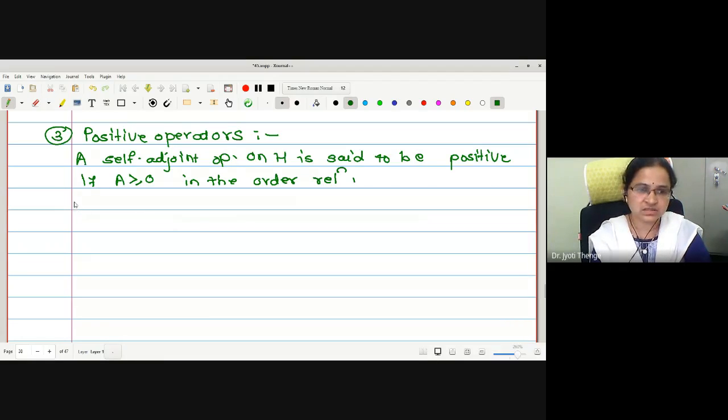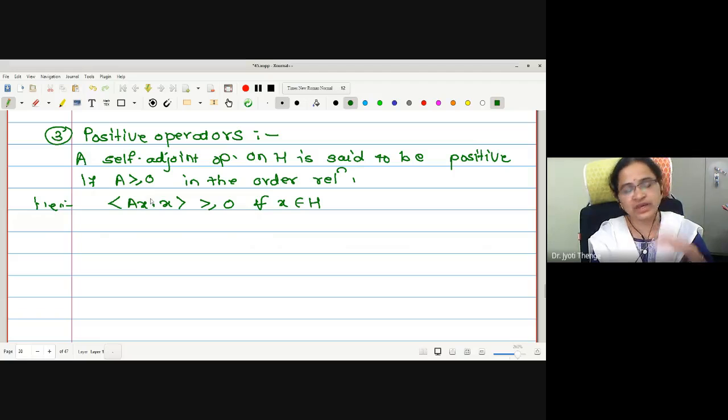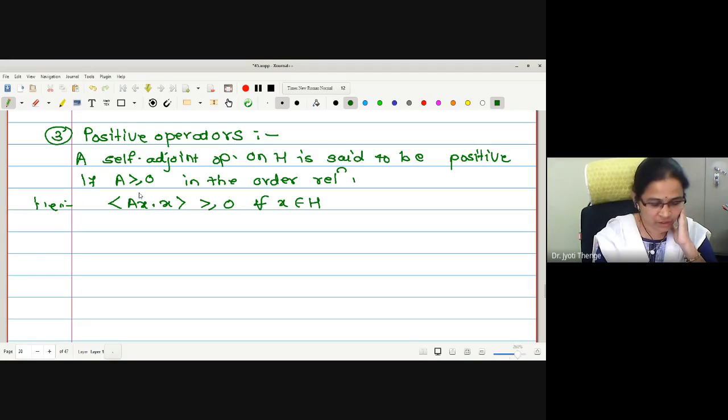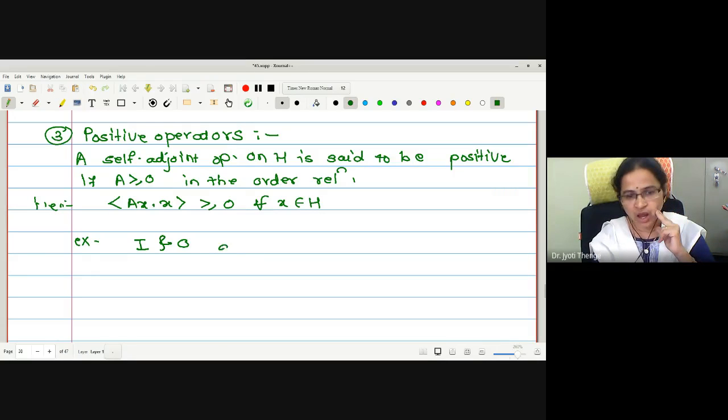This means that the inner product of Ax with x is greater or equal to 0 for all x in H. You will write that. What is the meaning of A greater than or equals to 0? The inner product of Ax with x is greater or equal to 0 for all x in H. And here I can say very clearly that the identity and 0 are positive operators.